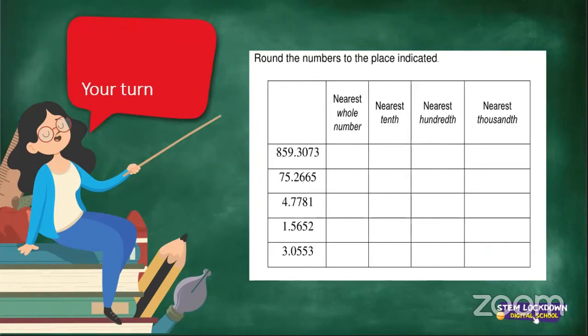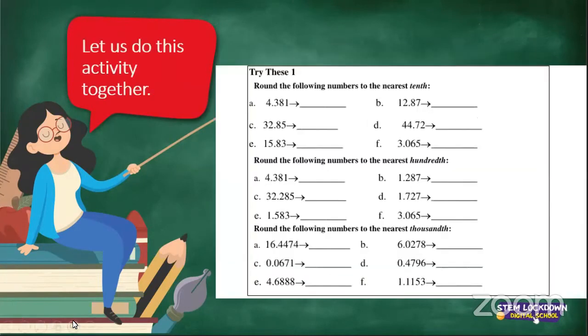The correct one is 3.055 because the last digit which we circle, which will be 3, is less than 5. Hence we will have 3.055. Thank you so much for your participation. Let us move on to our next slide.